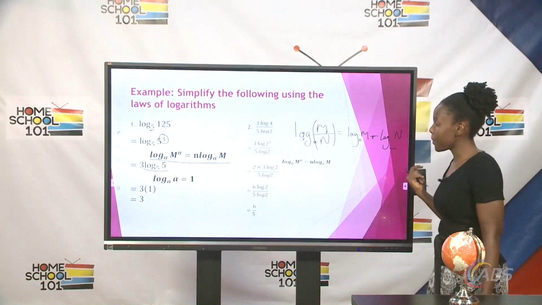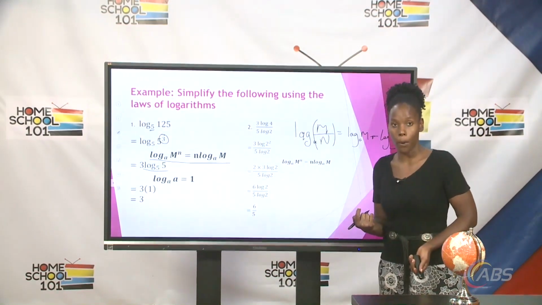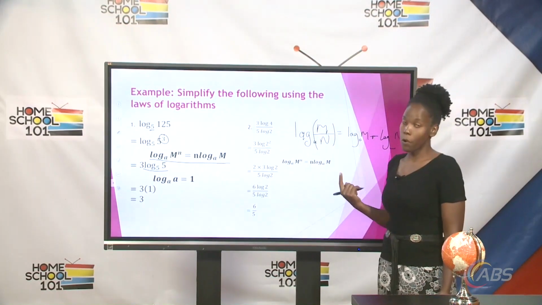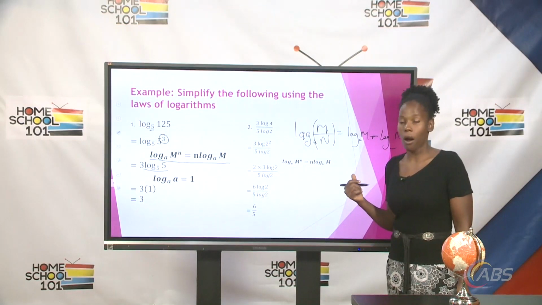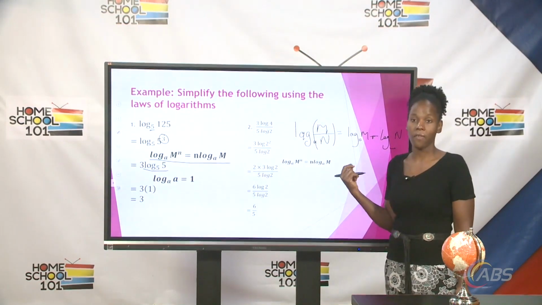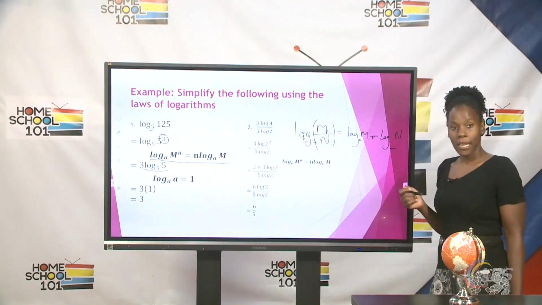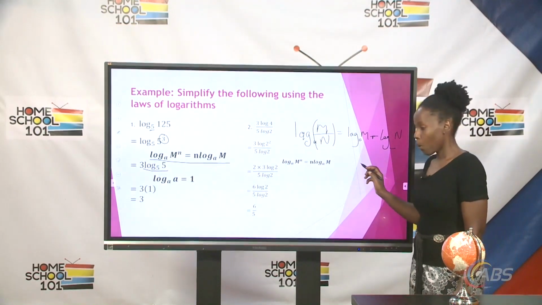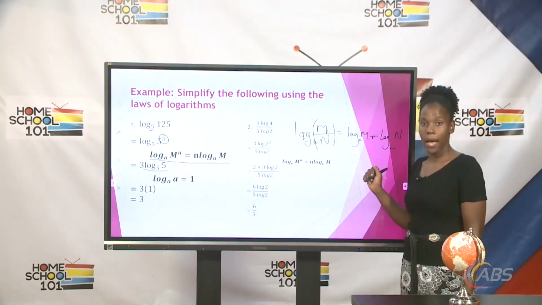What I can simply do is look at the number 4 here and write 4 as 2 to a power. Now I know that 4 is 2 squared. So I would then write this as 3 log 2 to the power 2 divided by 5 log 2. I can then apply this rule, which states that the logarithm of m to the n is equal to n log m to the base a.